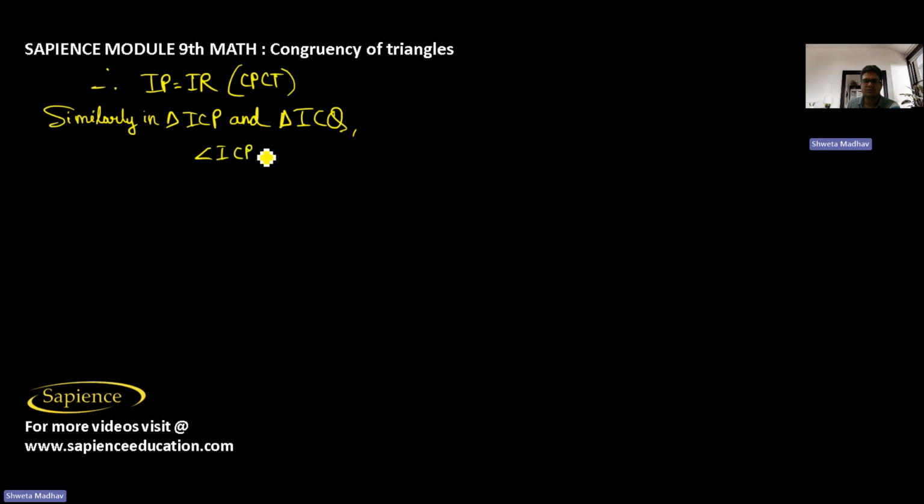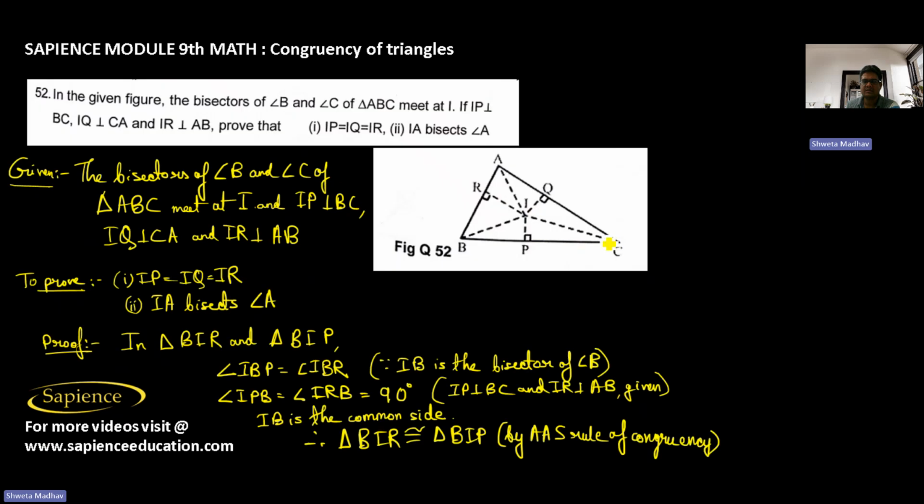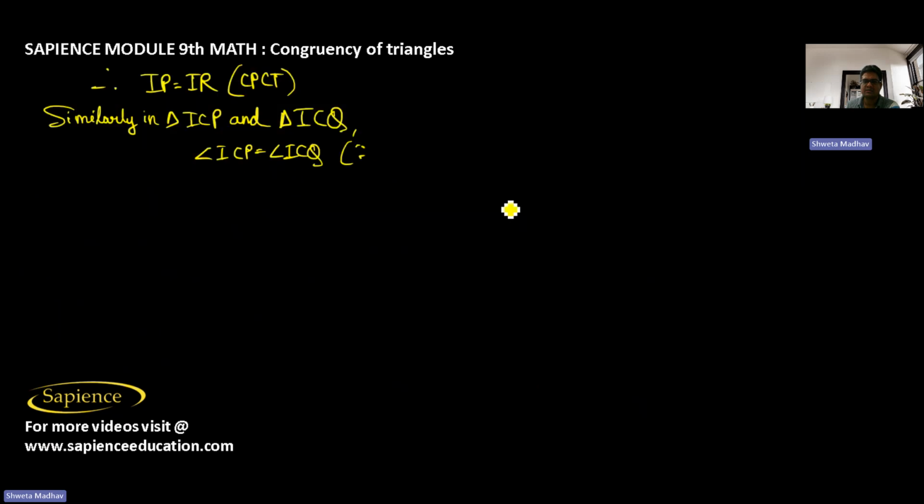Why? Since, as you can see, IC is the angle bisector of angle C.